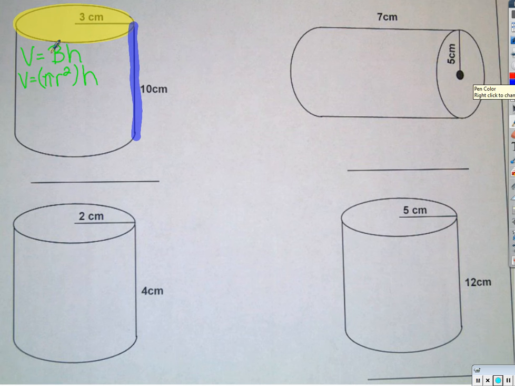So this big B is the area of this circle. So this is the area of the circle, that's how we calculate that, times the height, which is this right here, of the cylinder.